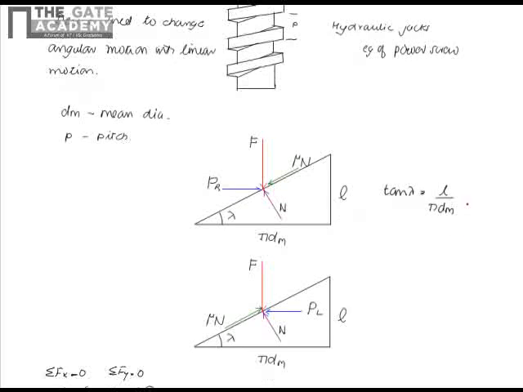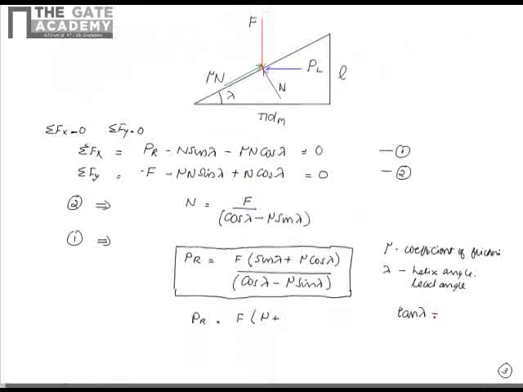So this we will substitute in the equation. We get PR is equal to F into mu plus L by pi dm divided by 1 plus mu L by pi dm. This will be the load required to raise the weight.